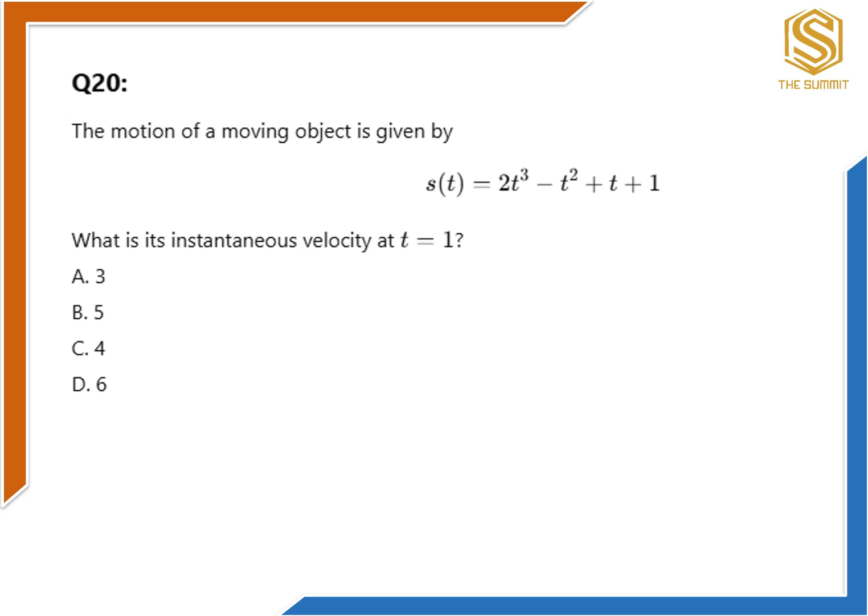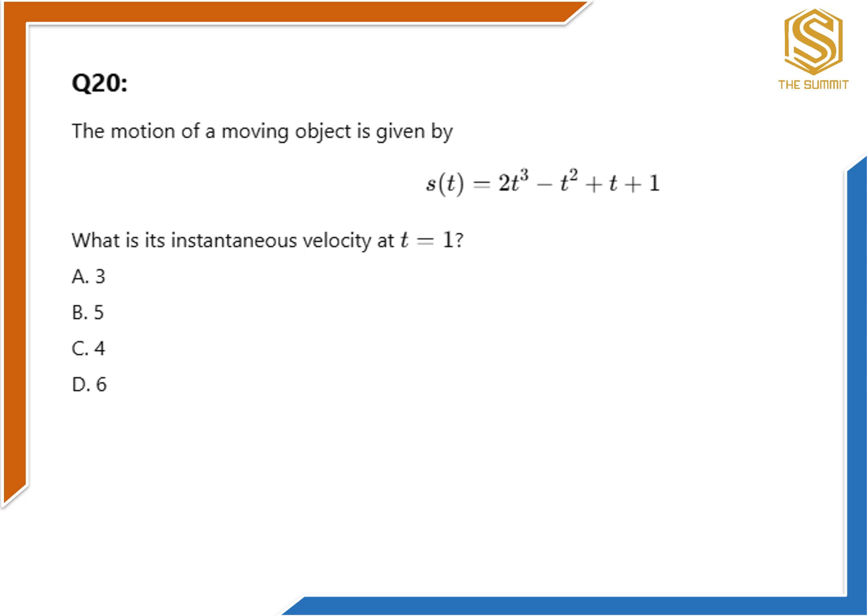The motion of a moving object is given by s of t equal to t power 3 minus t power 2 plus t plus 1. What is the instantaneous velocity at t equal 1? Remember, when I told you I need the instantaneous velocity, this means I'm asking you to take the derivative. So let's take the derivative.